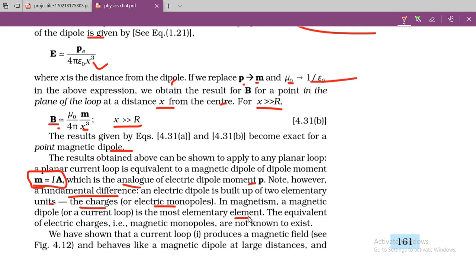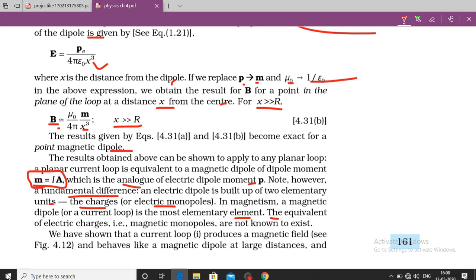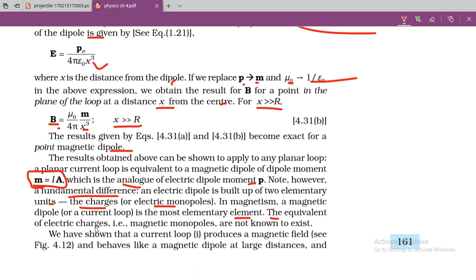In the next point, the equivalent of electric charges, magnetic monopoles, are not known to exist. It means in magnetism the magnetic dipole is there, but in electrostatics there is electric charge.